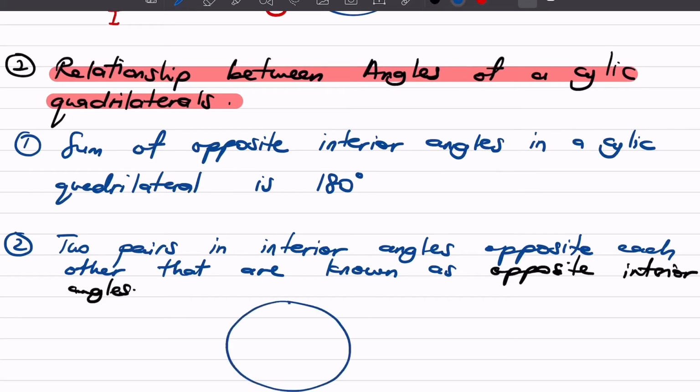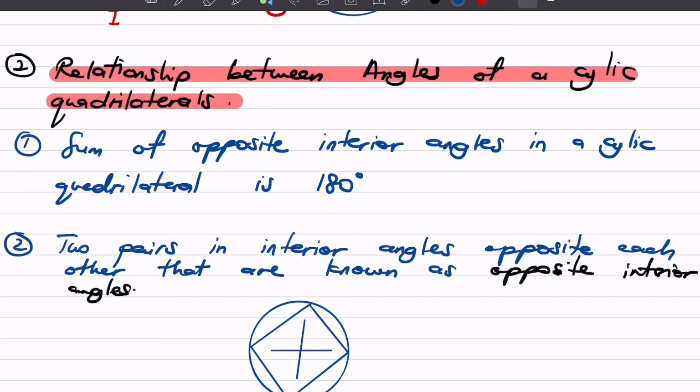And this is the diagram. So this is A, this is B, this is C, and this is D.